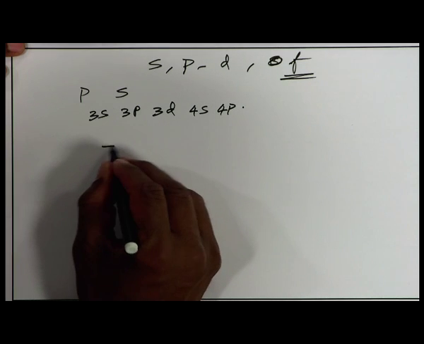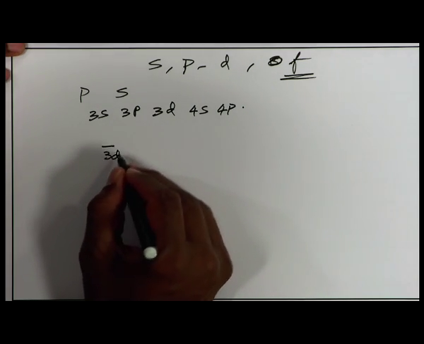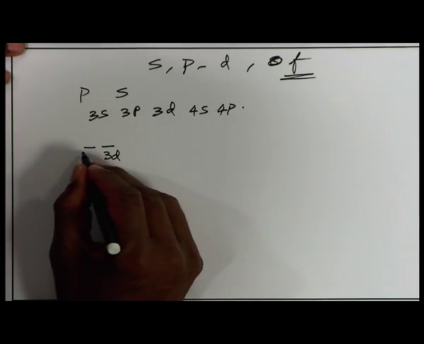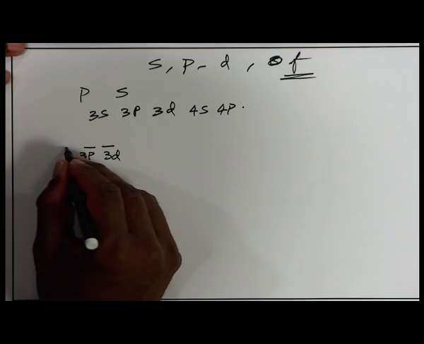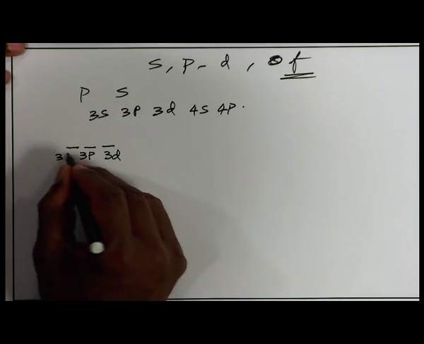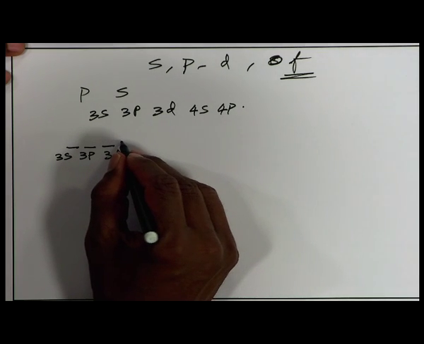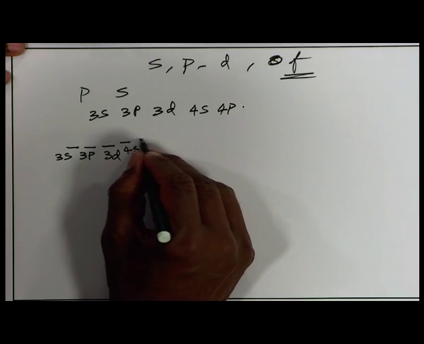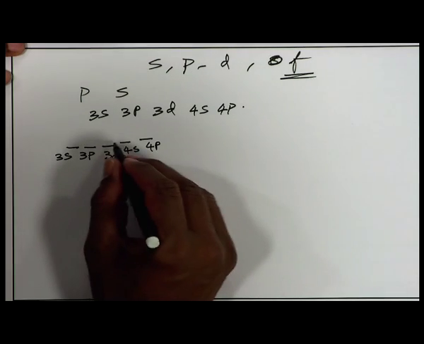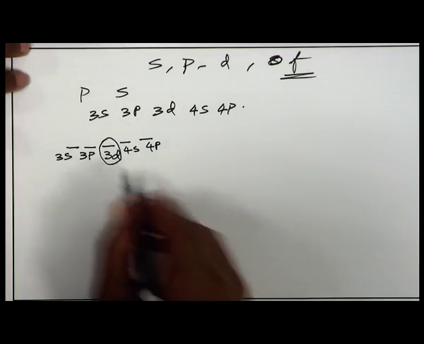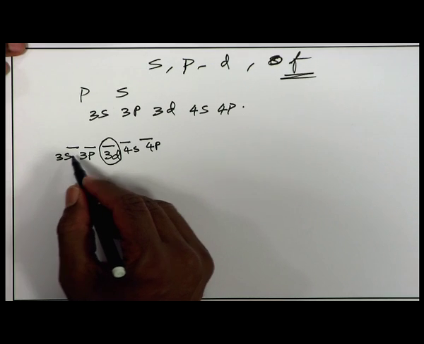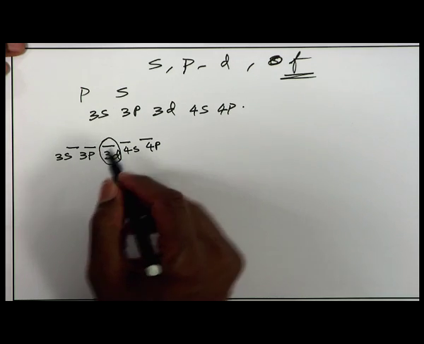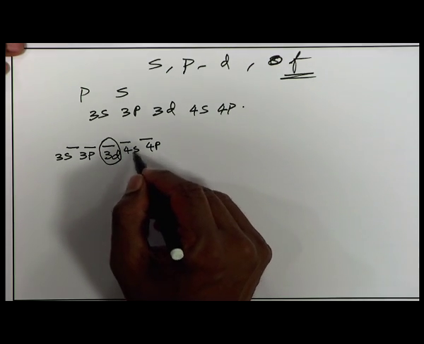The energy level of the 3d orbital is comparable with the energy levels of the s and p orbitals, and similarly it is comparable with the 4s and 4p orbitals.